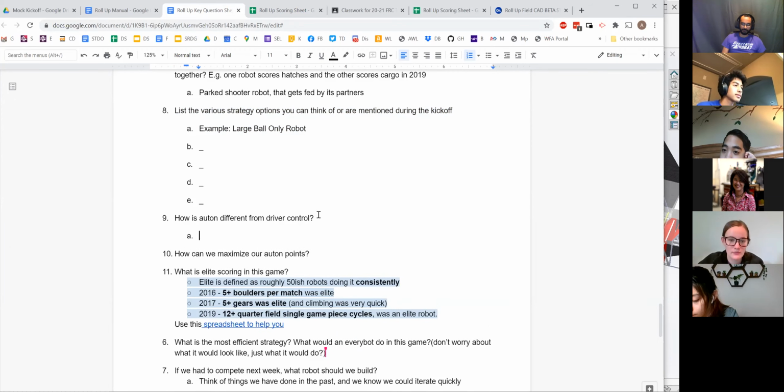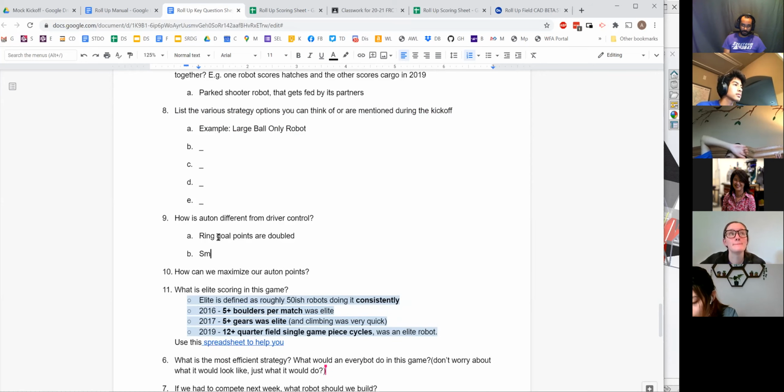How is Auton different from driver control? This is mostly asking about point values. So we know the ring goal points are doubled, right? Small balls in the low goal are worth 1.